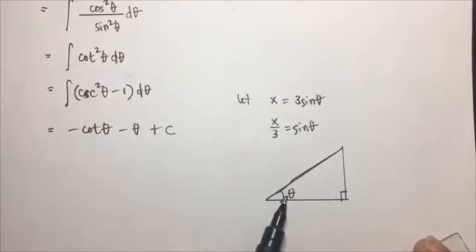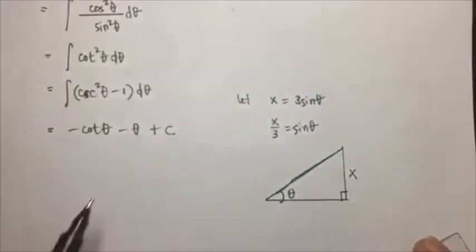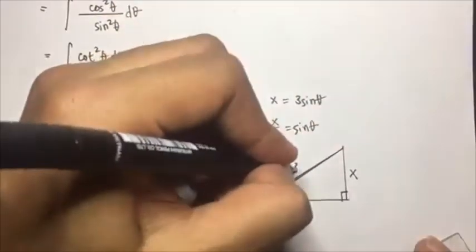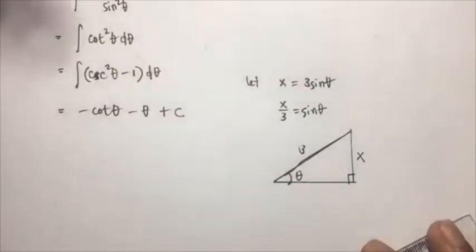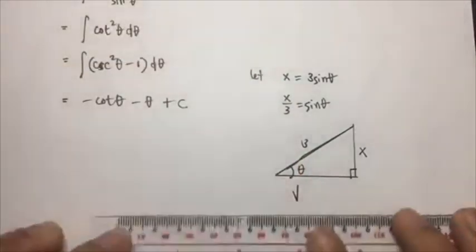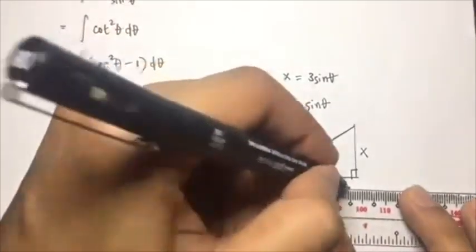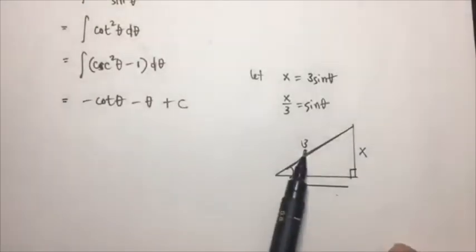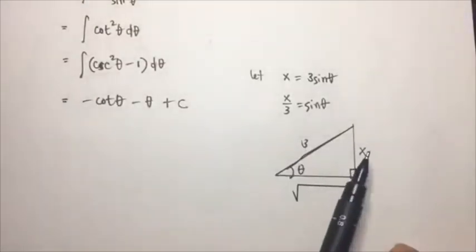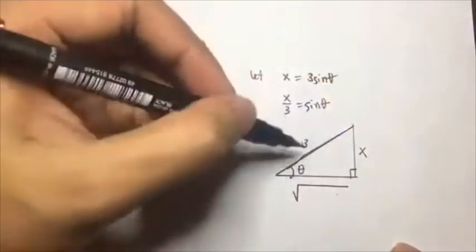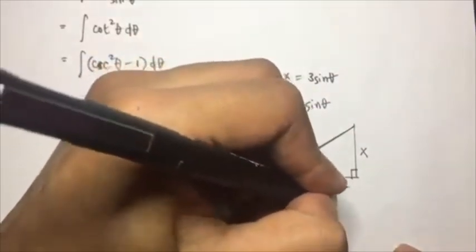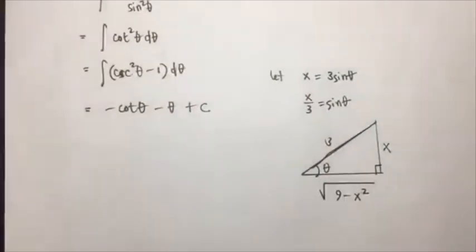So if this is our theta, the opposite is x and the hypotenuse is 3. From the Pythagorean theorem, the other side will be the square root of hypotenuse squared minus the side squared, so 3 squared minus x squared, that is 9 minus x squared.